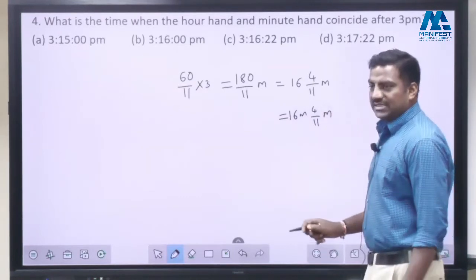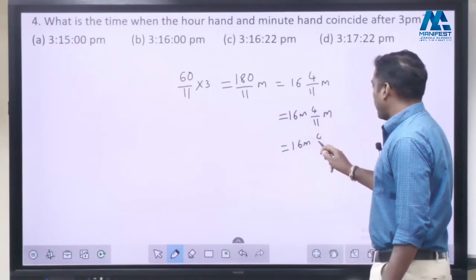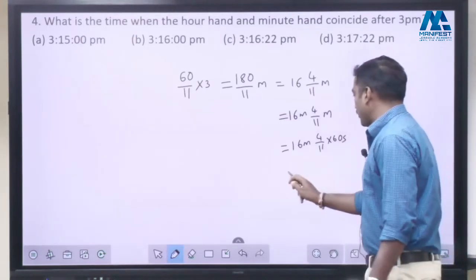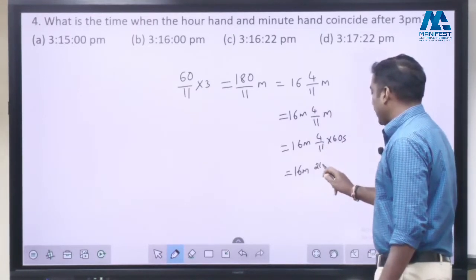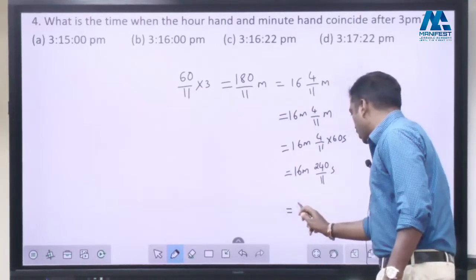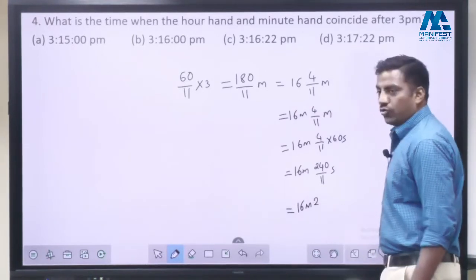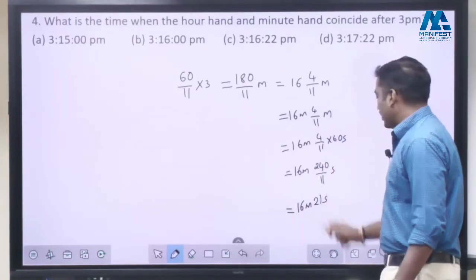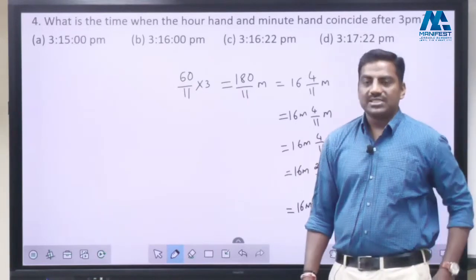Convert the minutes into seconds: 16 minutes and 4 by 11 into 60 seconds. This is 16 minutes and 4 into 60, 240 by 11 seconds, which is 16 minutes and 21 seconds. Always take that number and multiply by 60 by 11.